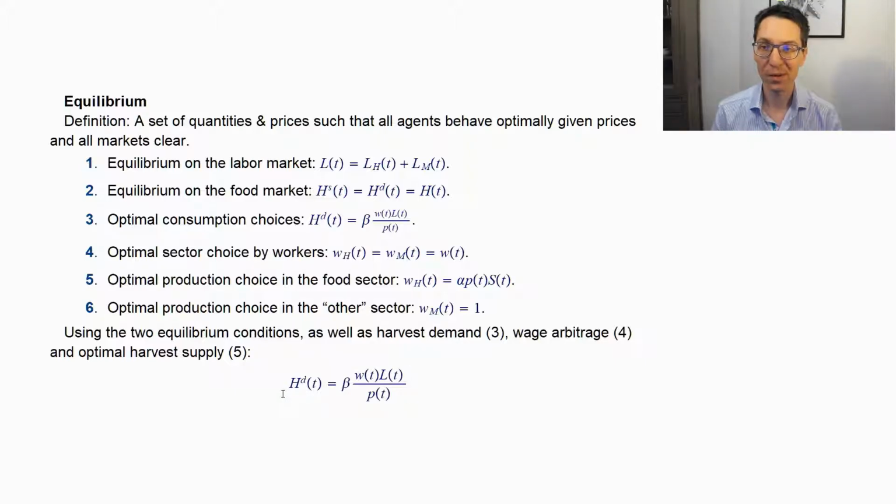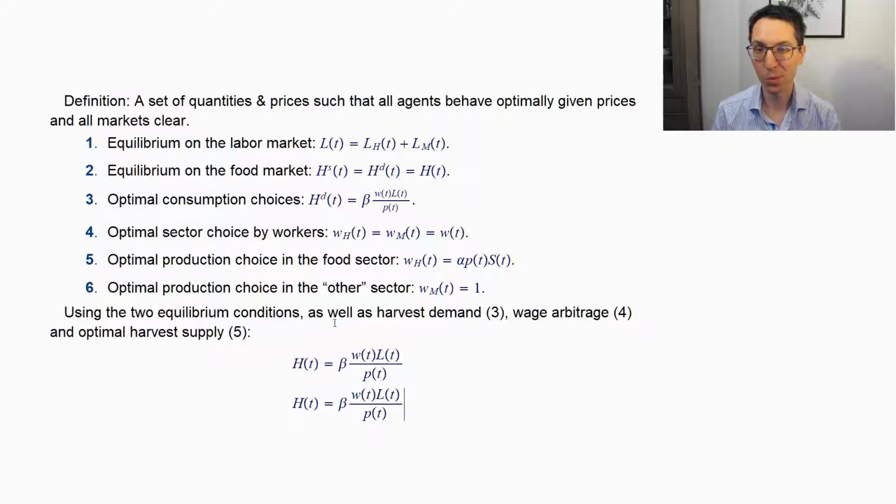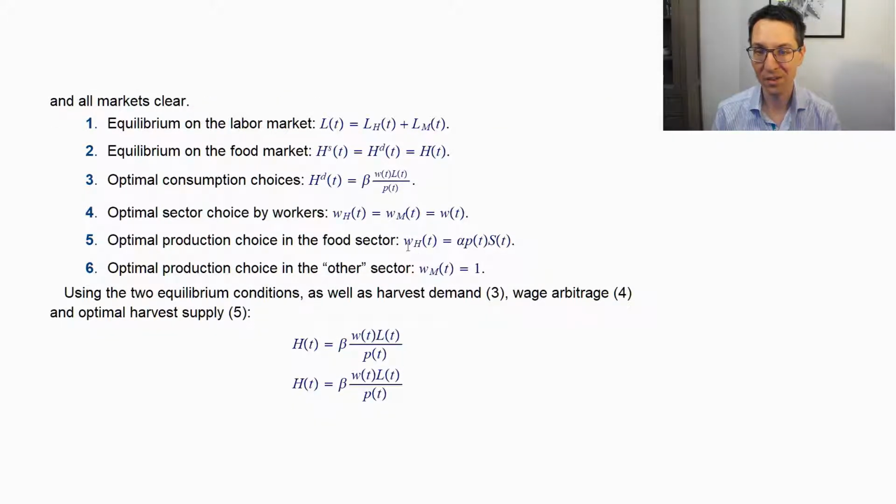So first of all, we have established that we have equilibrium in the harvesting sector, so that HD of T is just HT, the harvest on the island. Similarly, in 5, we know that WH of T is WT thanks to 4. So let's use that to substitute WT in our harvesting function.